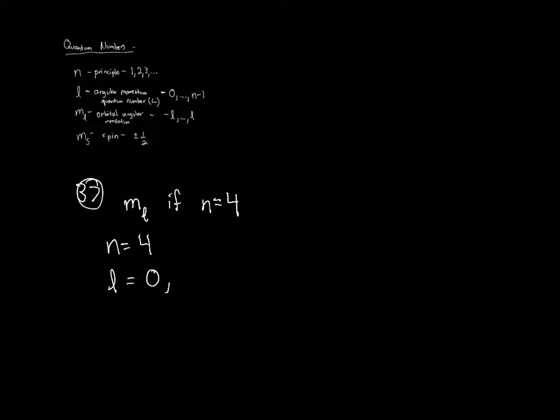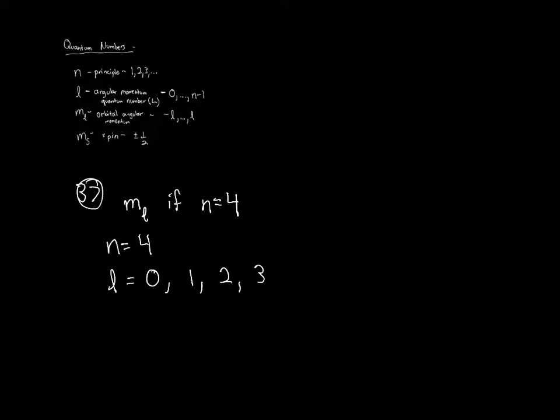The way I like to do it, I list all the numbers between 0 and n, all the way up to 4. Can my l be 4, though? No. So I have to go only up to n minus 1. So I can have 0, 1, 2, or 3.